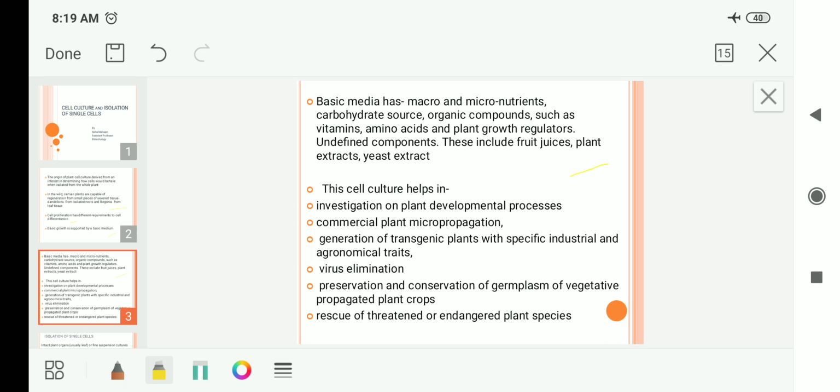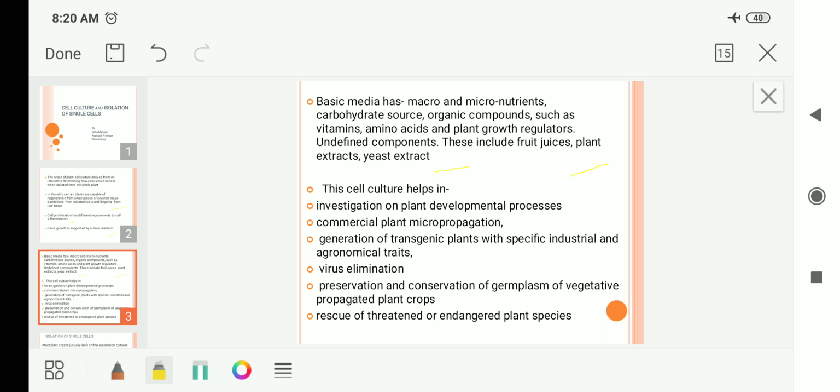For example, in orchid culture, adding coconut water or coconut milk is beneficial. But the main drawback of these undefined components is that their composition varies and the components present are not known.